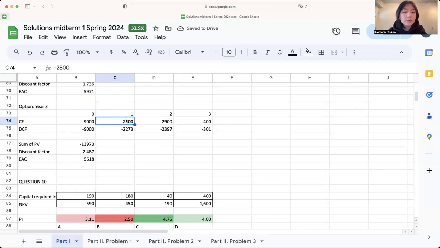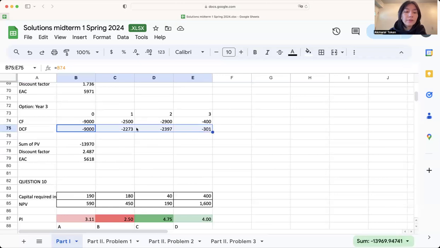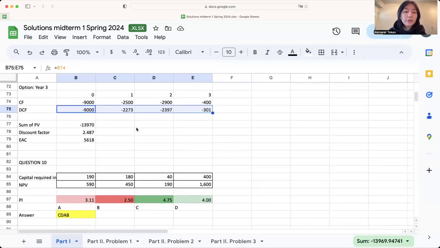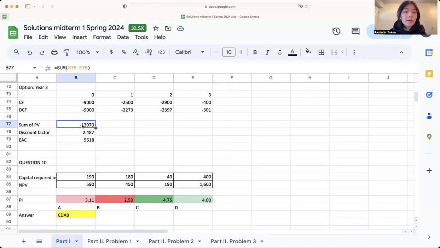And for the third year, we find the first year costs, which are minus 2.5, second year costs, which are $2,900, and for the third year, the costs are minus 3.4, and we have disposal value of 3,000. So the sum of these two numbers gives us minus $400. You discount all the cash flows by appropriate periods and find the sum of discounted cash flows.